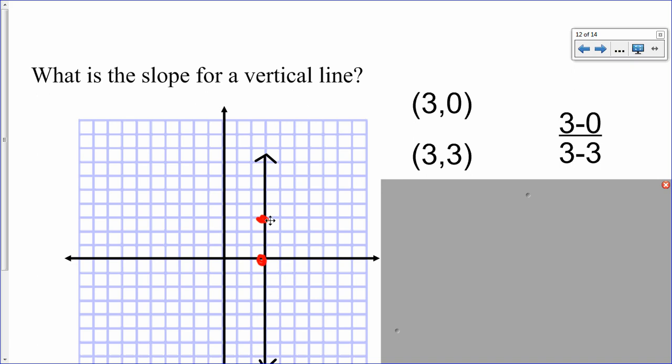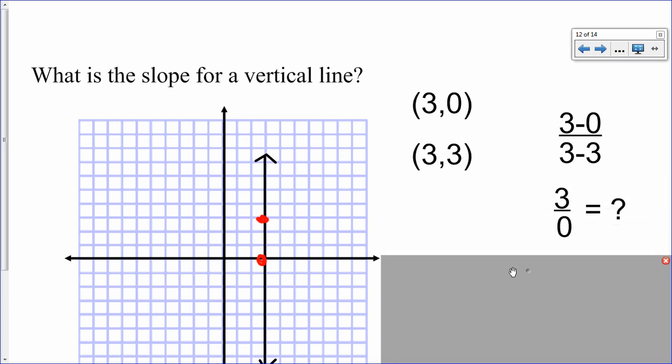The slope for a vertical line can be found the same way. Here's our vertical line. I've picked 2 points, 3, 0, and 3, 3. I'm going to use the slope formula and take 3 minus 0, y2 minus y1, over 3 minus 3, x2 minus x1.